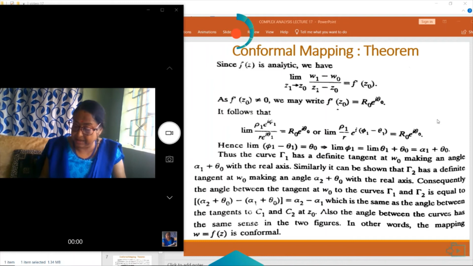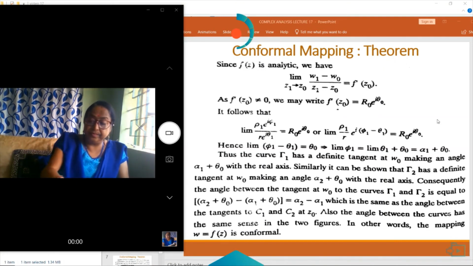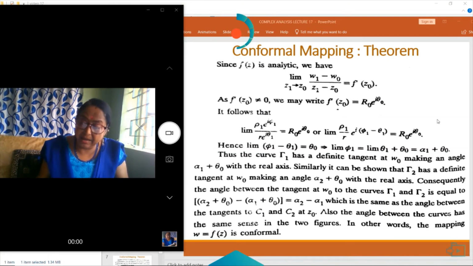Consequently, the angle between the tangents at w0 to the curves tau 1 and tau 2 is equal to (alpha 2 plus theta 0) minus (alpha 1 plus theta 0), which is alpha 2 minus alpha 1, the same as the angle between the tangents to C1 and C2 at z0. Hence, the angle between the curves has the same sense in the two figures.